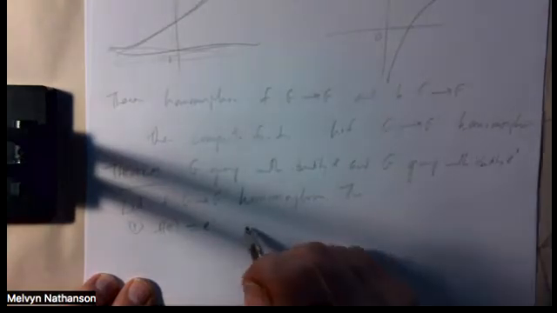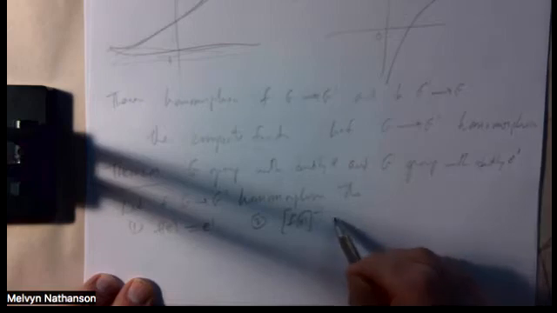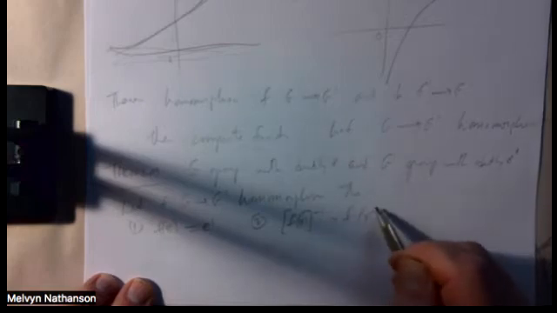First of all, f of the identity in G is the identity in G prime. Second, if I take x in G, f of x is in G prime, and the inverse of f of x is f of x inverse.